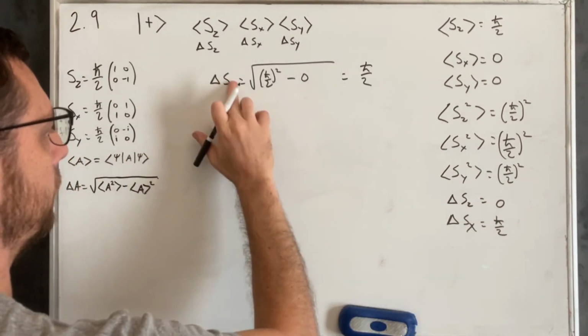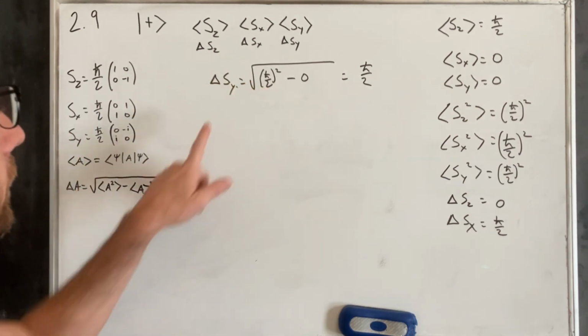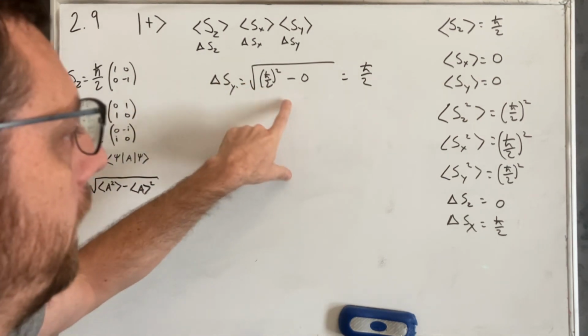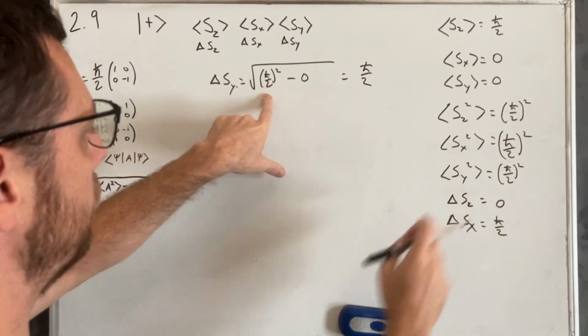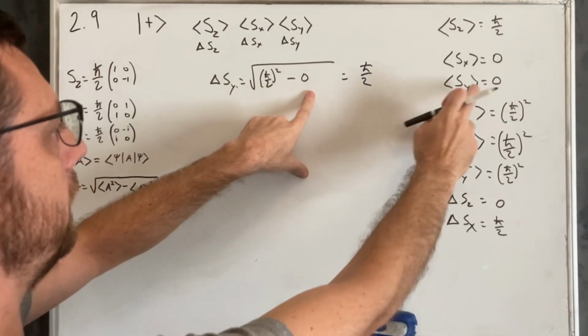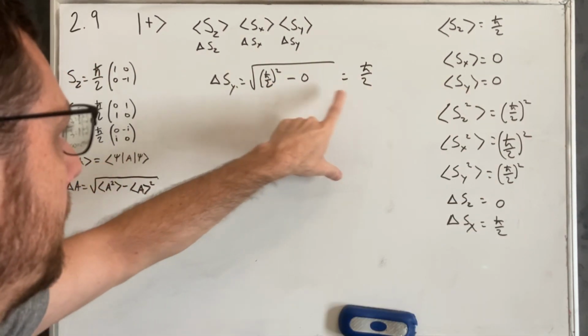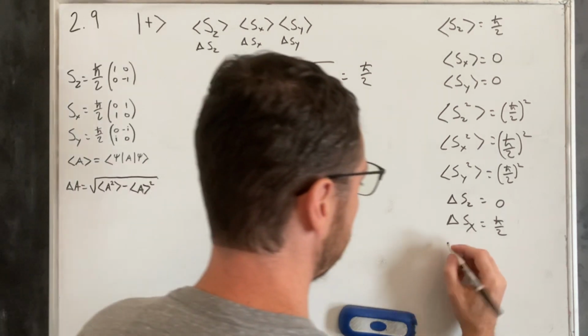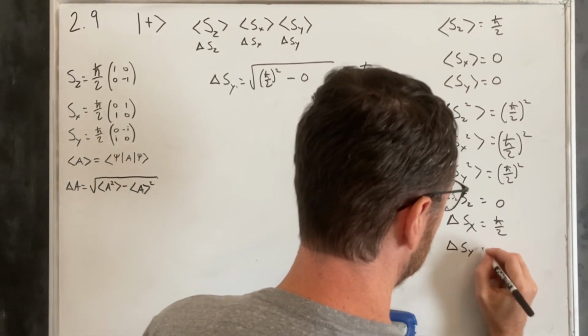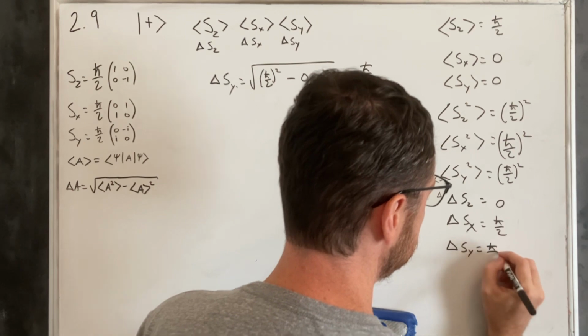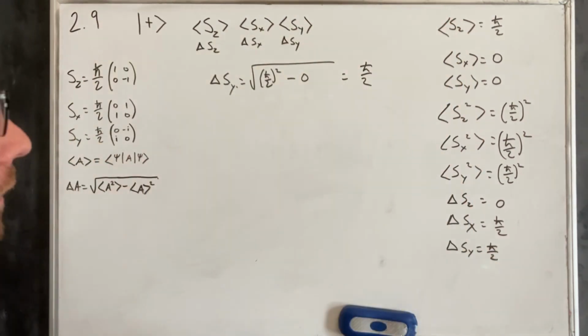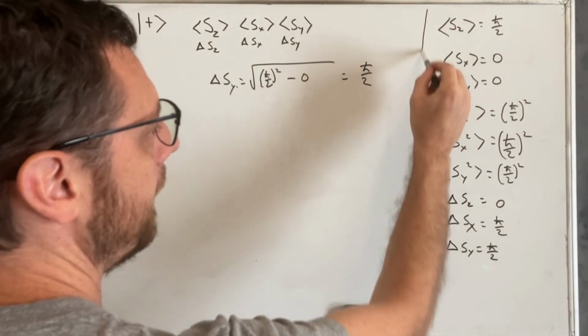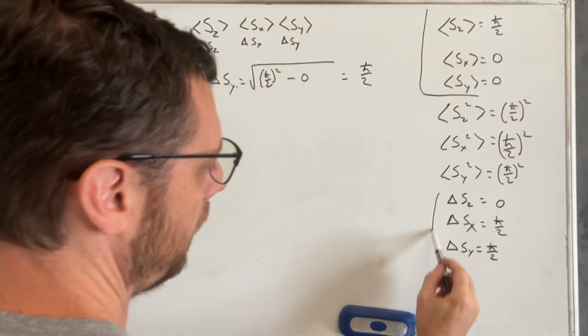And our delta SY is going to be the same thing. Delta SY squared was h bar over 2 squared, and then our expectation value squared would be 0. That's also going to give us h bar over 2. All right, so here are our expectation values, and here are our uncertainties.